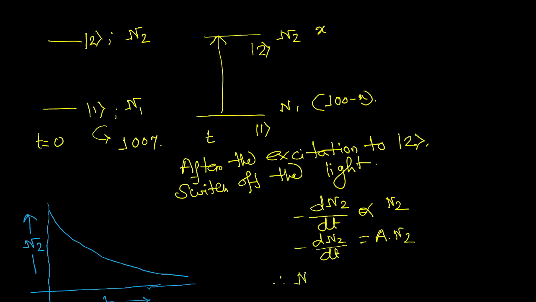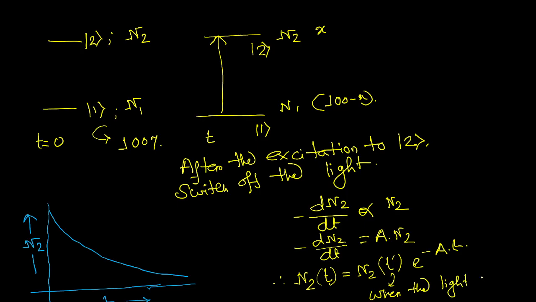If we integrate it, we get N2 at time t equal to N2 star times exponential of minus A t, where t star is the time when the light is switched off.